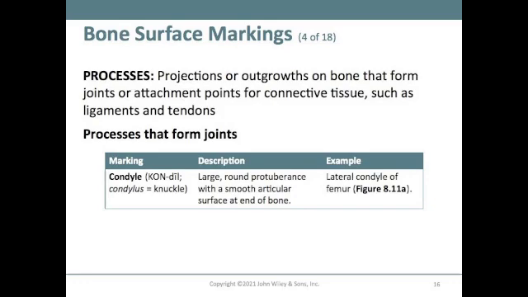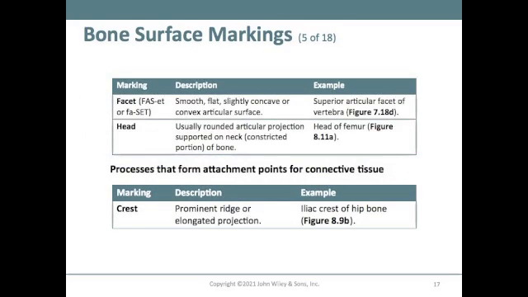And then we come to processes. Processes are projections or outgrowths of bones that form joints or attachment points for connective tissues such as ligaments and tendons. The condyle is a large round protuberance with a smooth articular surface at the end of a bone, like the lateral condyle of the femur. Again, that's just to show you how to read through this and study it, but we'll go through them just kind of cursory.